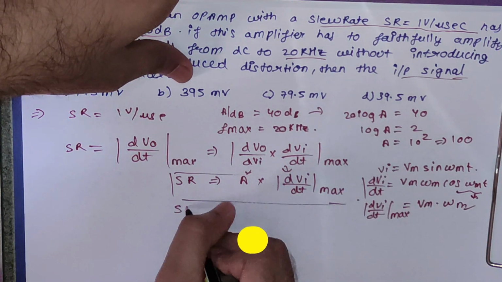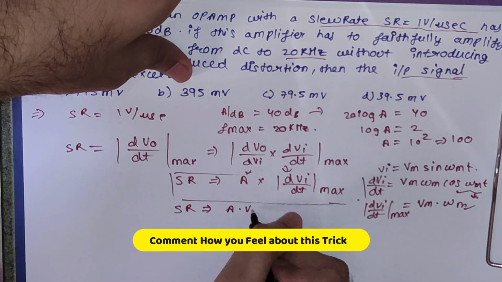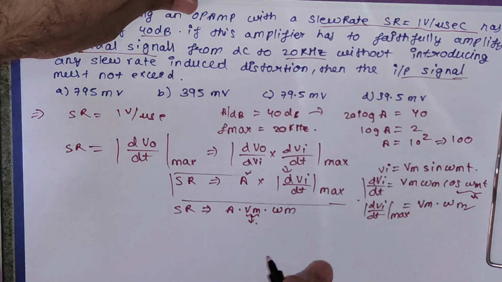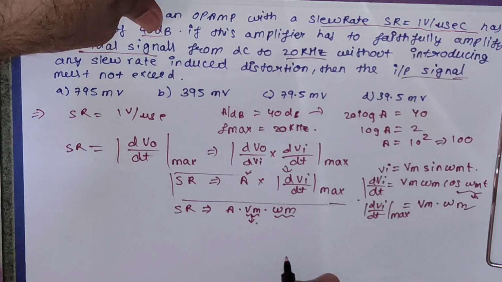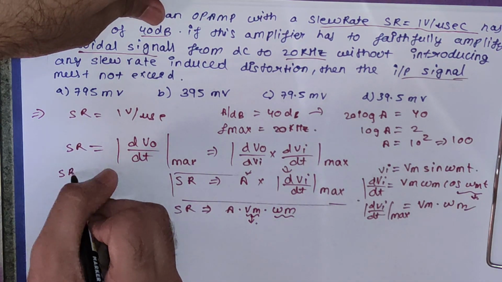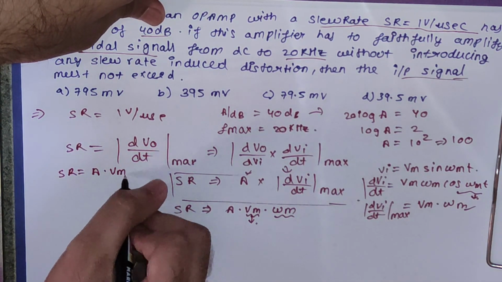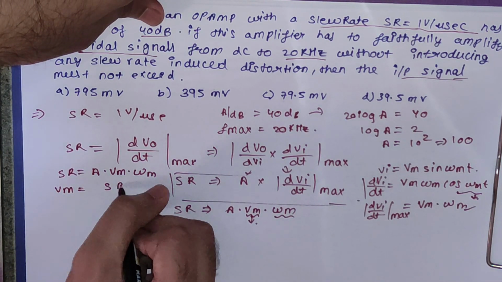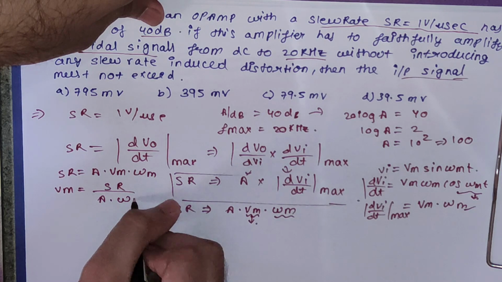So we can write slew rate as A into Vm into omega m, and we have to find this Vm with the maximum frequency. So slew rate equals A into Vm into omega m, and Vm will be slew rate upon A into omega m.